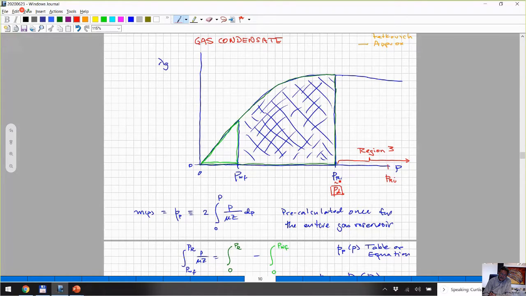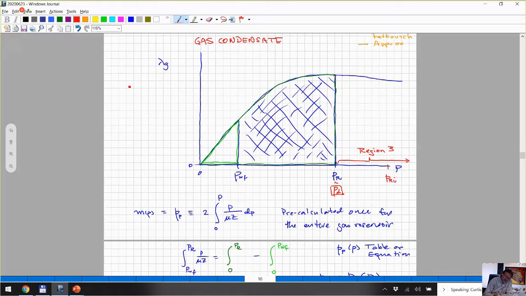But now we basically have flowing bottom hole pressure way below the dew point here. So what's going to happen is that this region 2 is going to have a KRG effect.